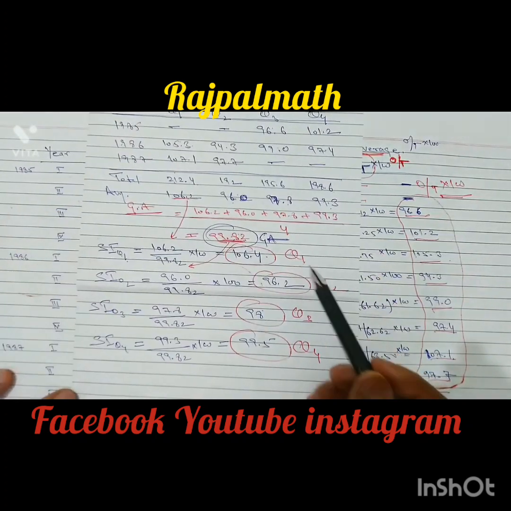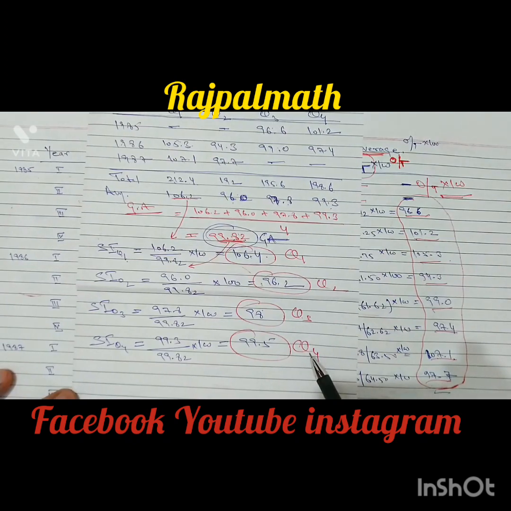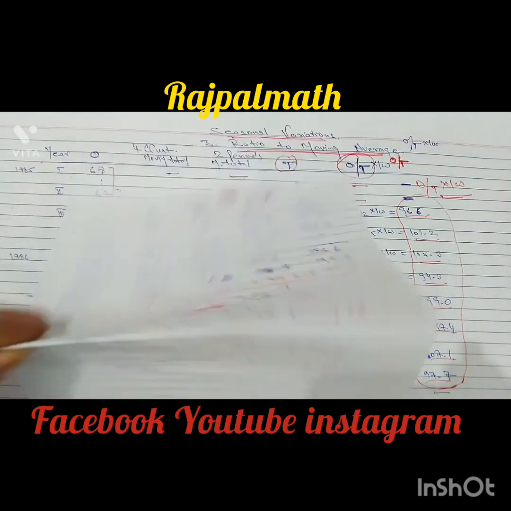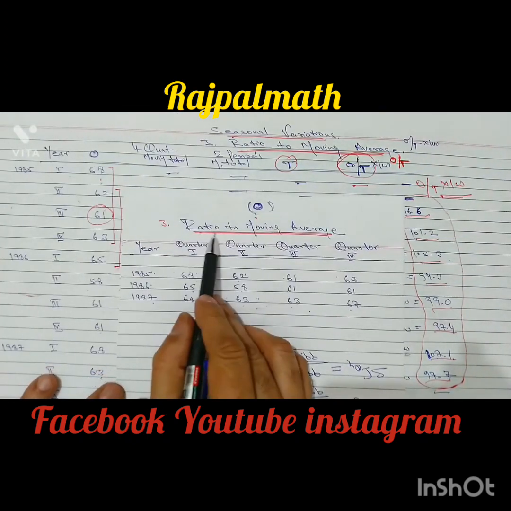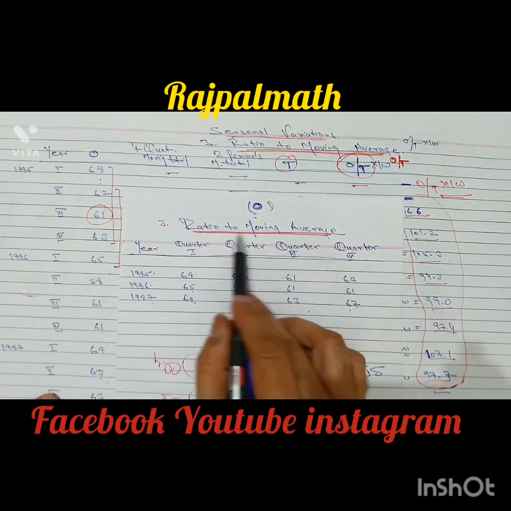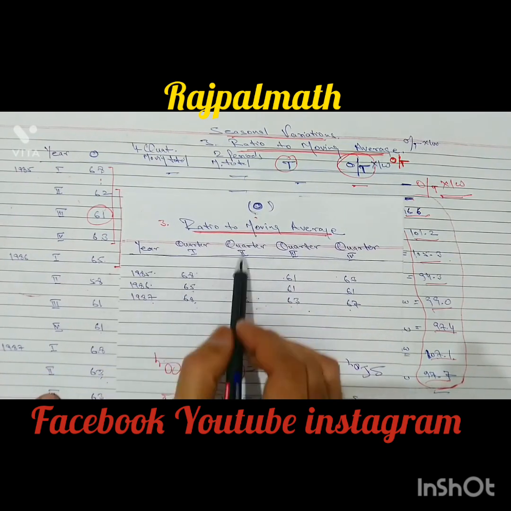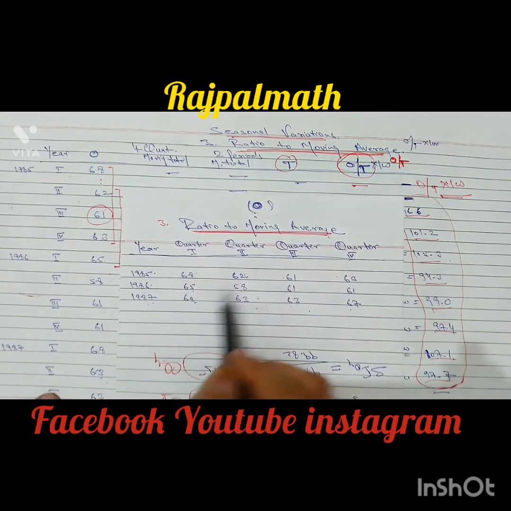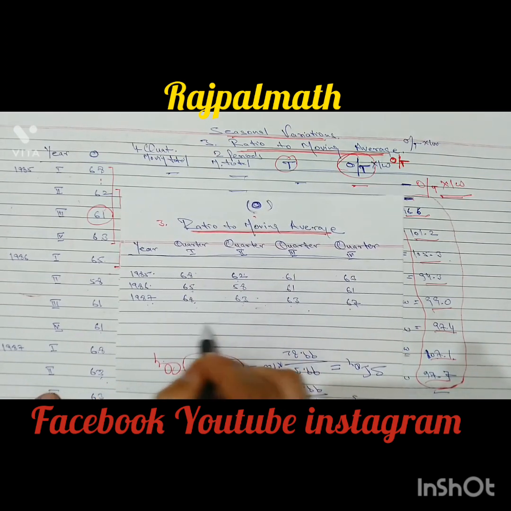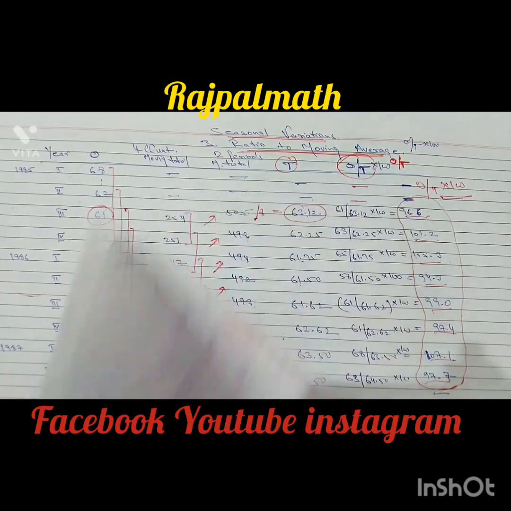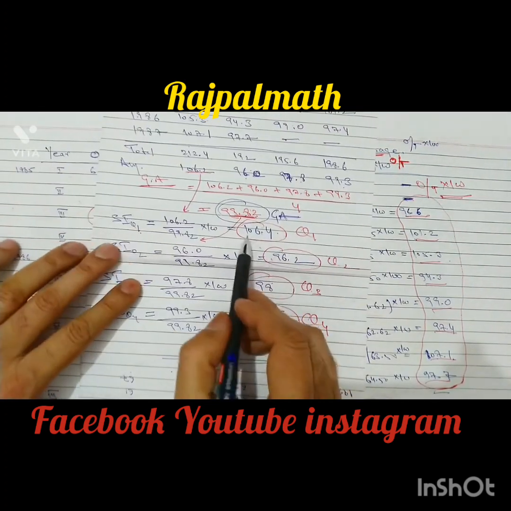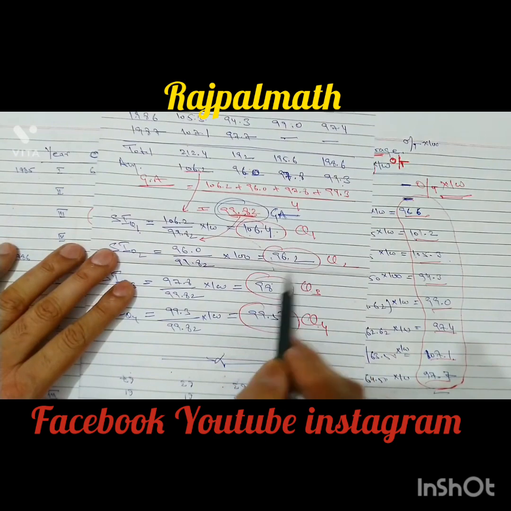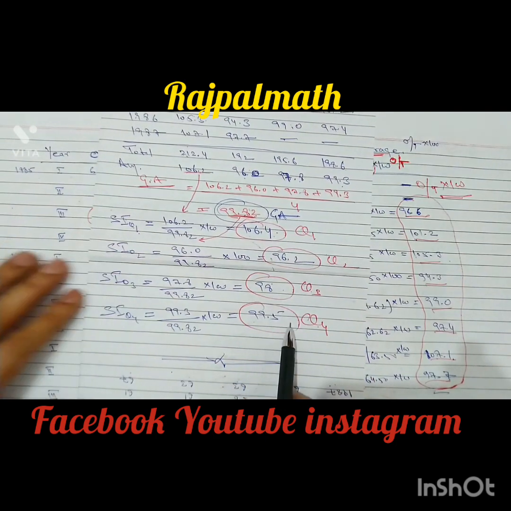Our answer is quarter 1, quarter 2, quarter 3 and quarter 4. Our question was to find the seasonal indices by ratio to moving average. Three yearly data, quarterly data is given, and the answer is this one: for the first quarter, second quarter, third quarter and quarter 4.